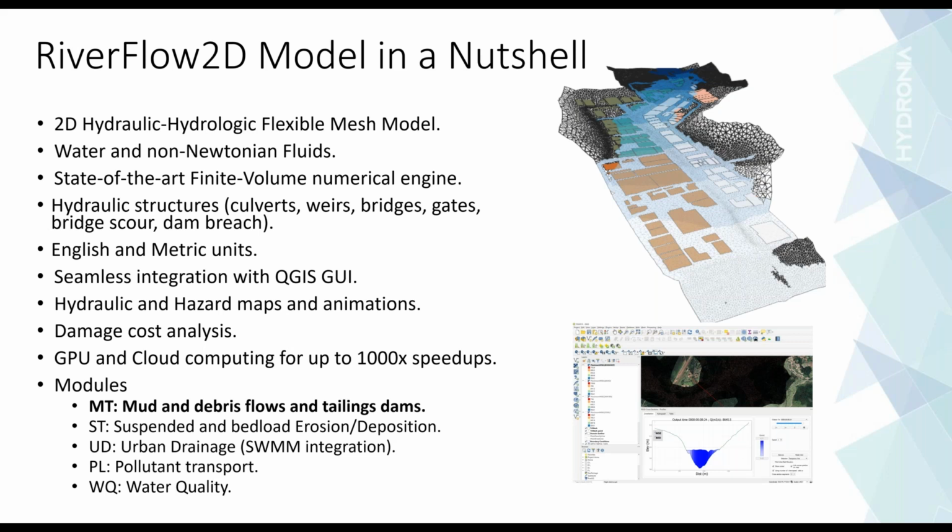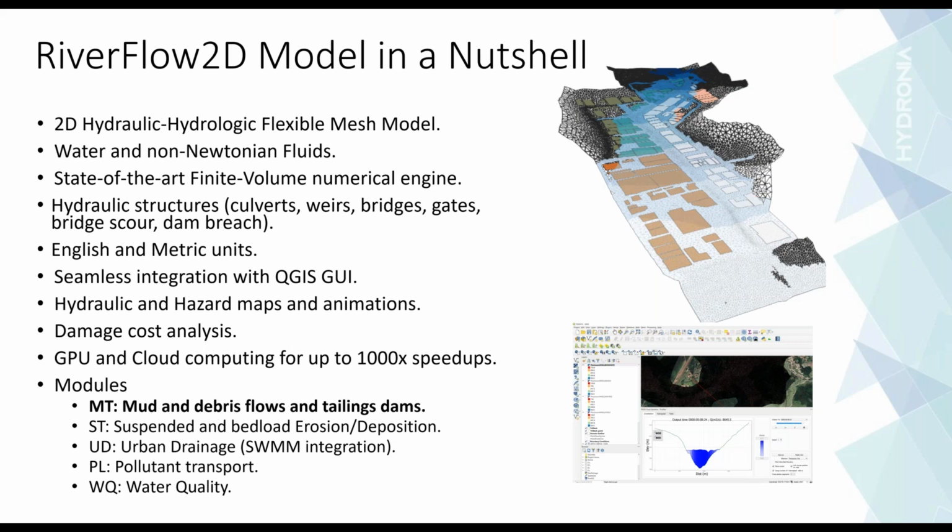You can install the GUI on multiple computers, and with a single license, you only need the license to run the model. All the development time for your simulation, preparing the simulation, generating meshes, and post-processing can be done in any computer and in multiple computers at the same time.